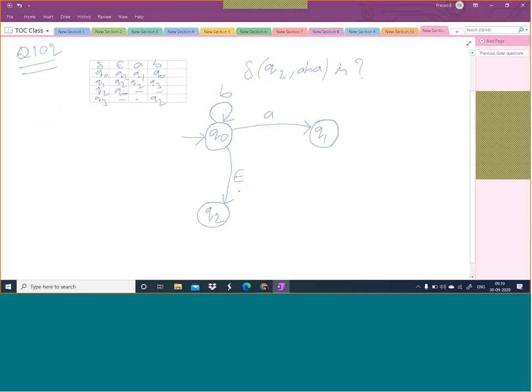Next, Q1 on epsilon is Q2. Q1 on A also Q2. Next, Q1 on B, it is Q naught.